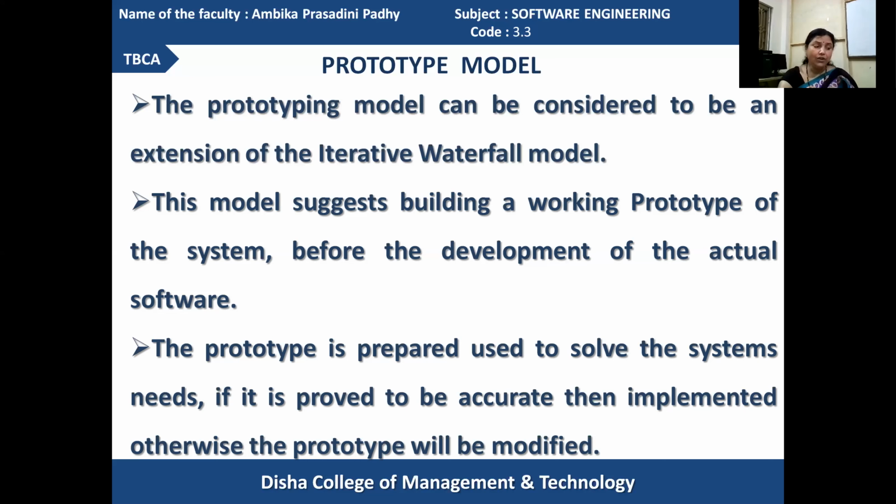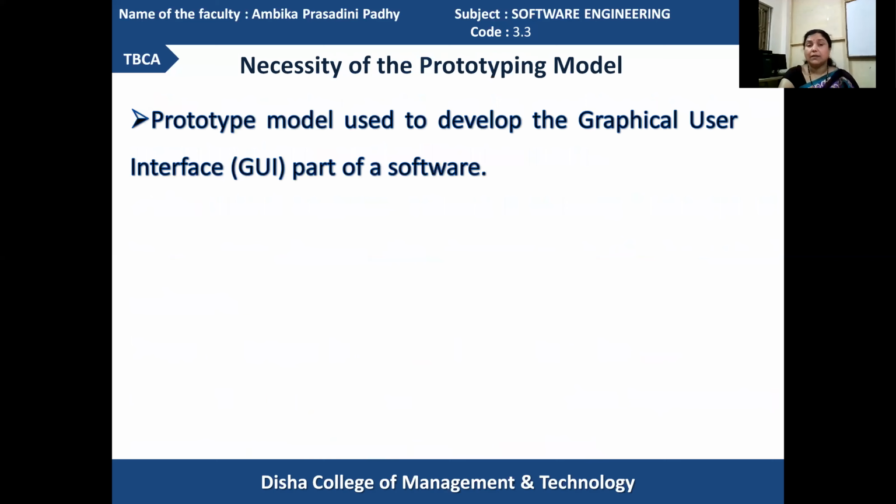And when the system prototype is created, it can be prepared using the input data formats, messages, reports, and interactive dialogues to the customer. Using those things, you can prepare the prototype for the system.